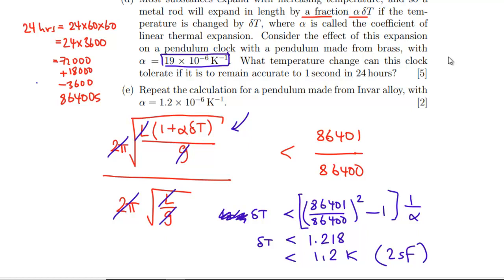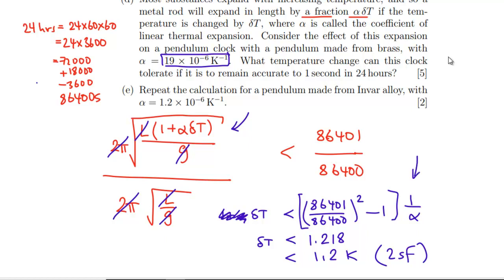So we've just got part E left. Repeat the calculation for a pendulum made from Invar alloy, with alpha equal to 1.2 times 10 to the minus 6. So a much smaller alpha, so it's not going to expand by as much, and we should get a much higher delta T. Fortunately, I've still got it sitting in the calculator.